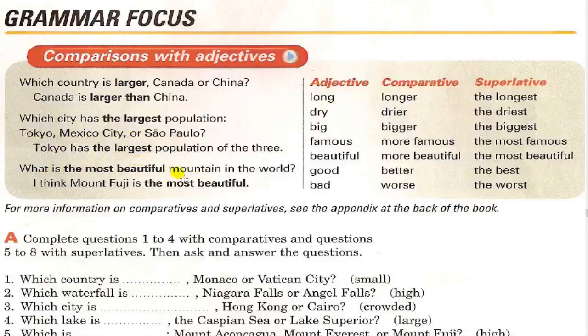What is the most beautiful mountain in the world? Mount Fuji is the most beautiful. So you compare between Mount Fuji and all other mountains all over the world.